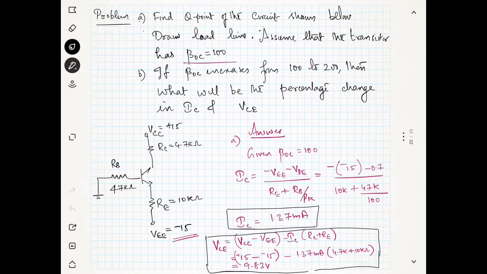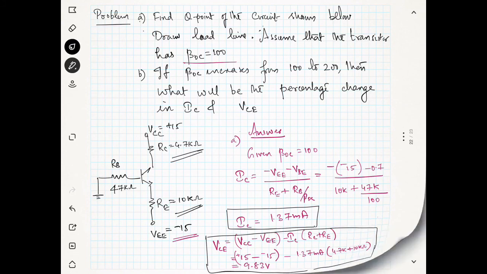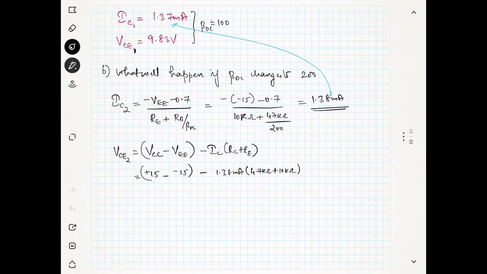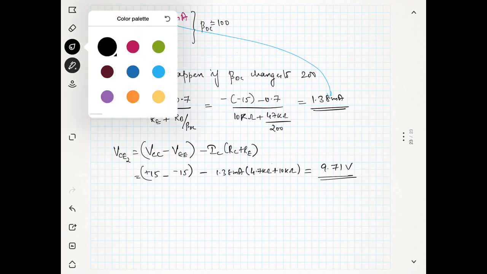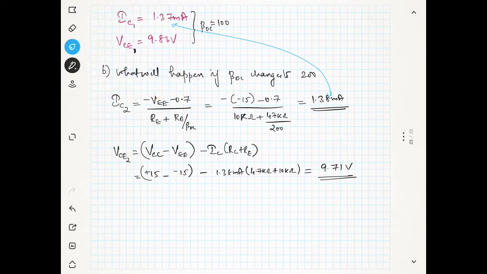It is 10 kilo ohms for RE and this is 4.7 for RC. Now you will be getting this value as 9.71 volt. So you can see here the change is very less. If you compare this with the old one, the change is just approximately 0.1, right?